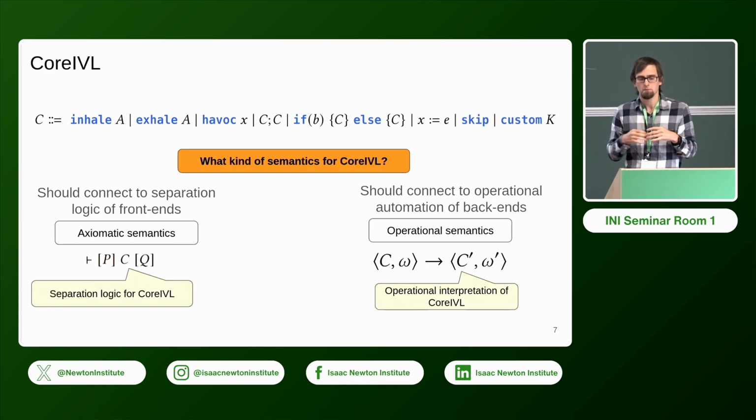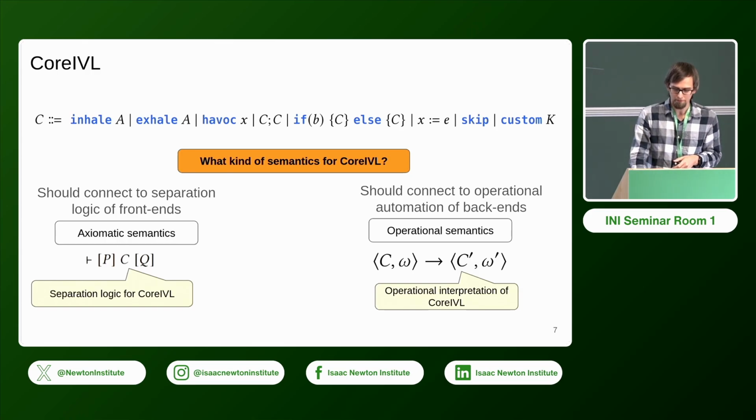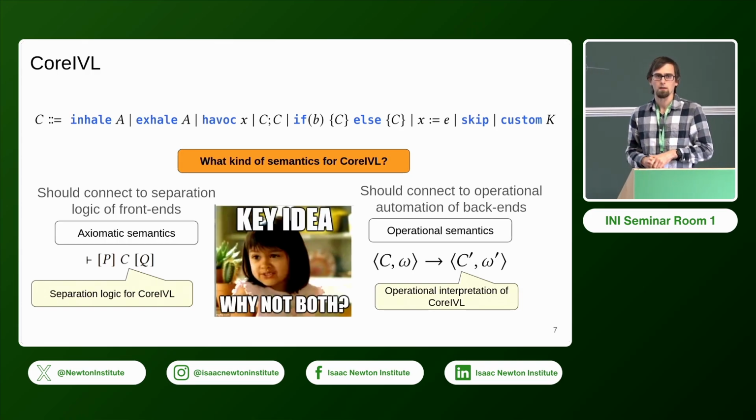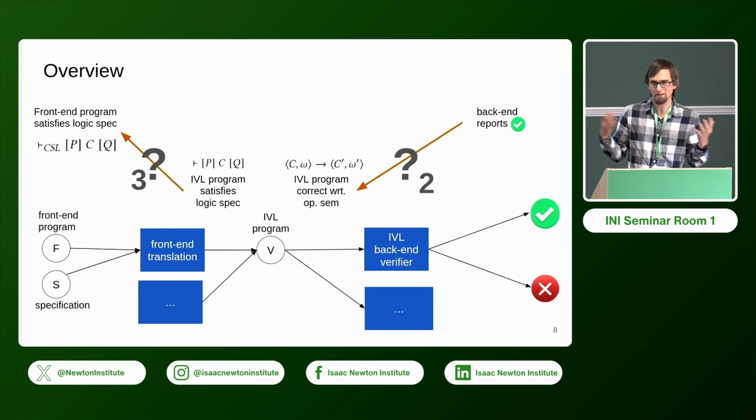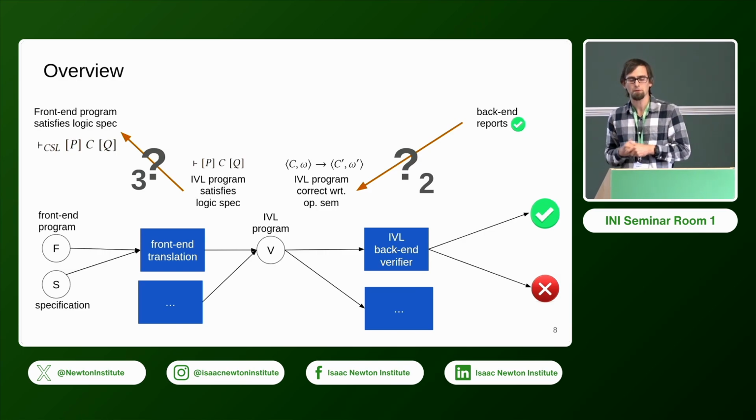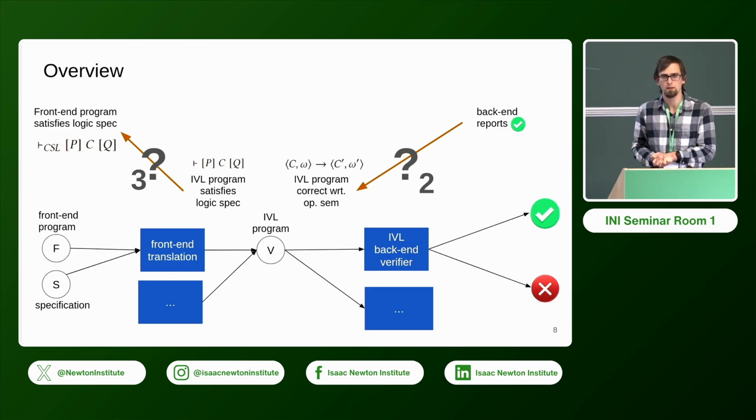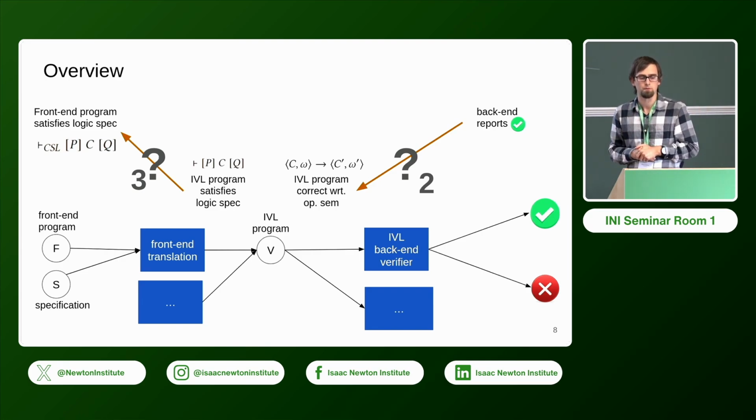So the question is now, how should we define the semantics of core IVL? And this is where one of the key ideas of this work comes in, which is: why not both semantics? In particular, this is what we do in this work. We give both an operational semantics and an axiomatic semantics to core IVL, and we use the operational semantics to connect to the backends, and we use the axiomatic semantics to connect to the front ends.